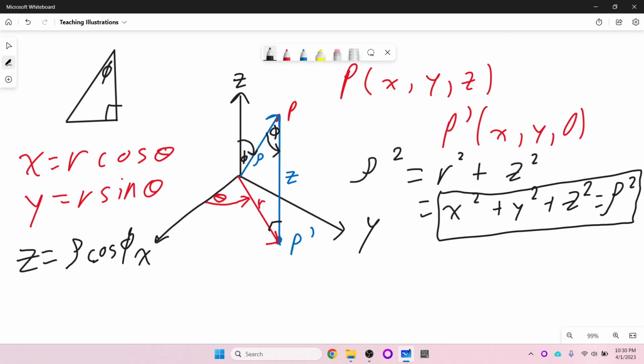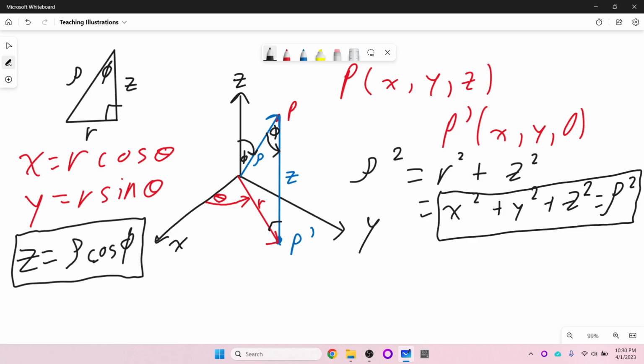I don't know what this other angle is, but I don't think we really need it. Here's z, rho, and r. So we can see z is rho cosine of phi. That x was not part of the formula; that was part of the graph over here. So write this one down too: z equals rho cosine phi. That is a conversion that has nothing but rho and phi in it.